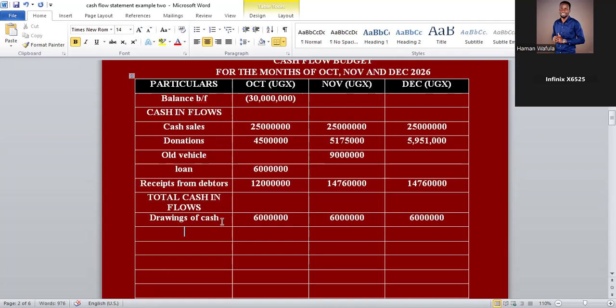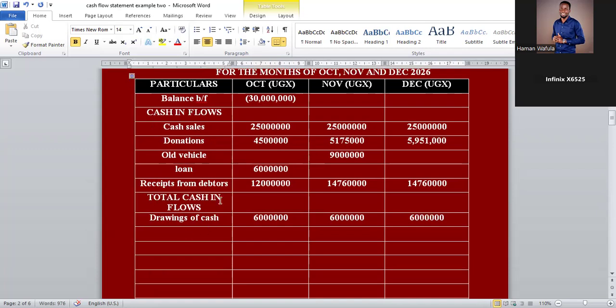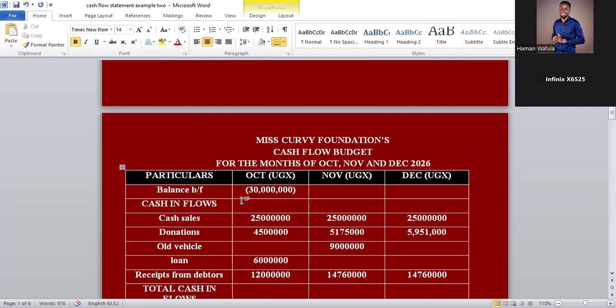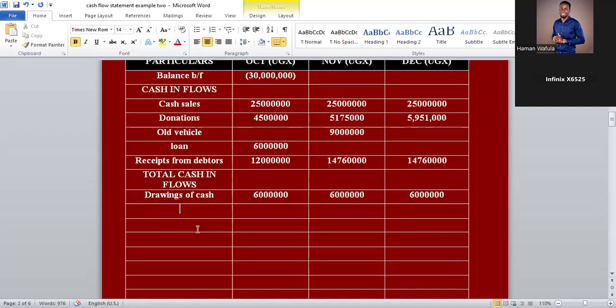So we have drawings. Wait there, then let's look for another one. We have projected weekly expenses. Workers' wages 2.1 million, advertisement 600,000. Wages.